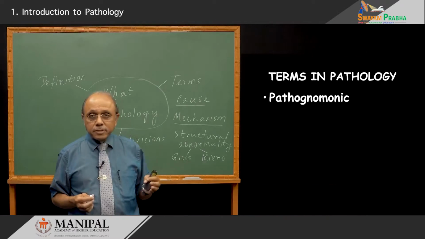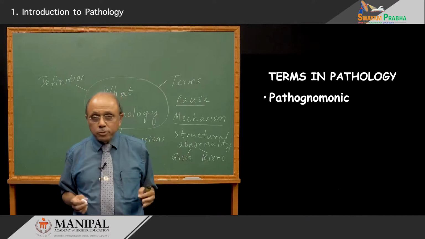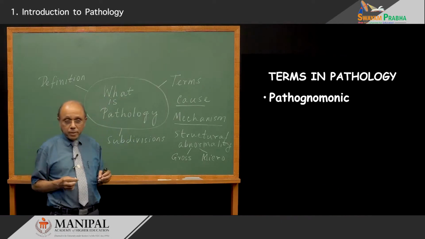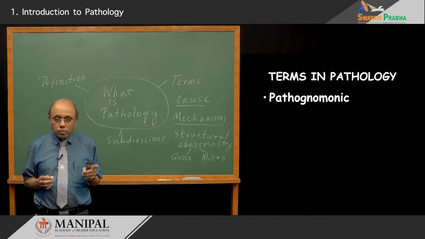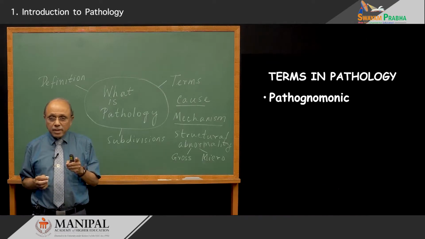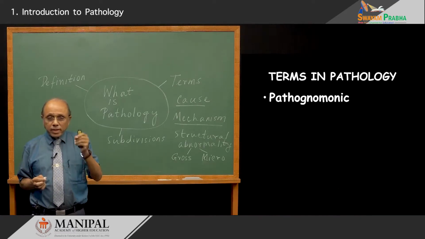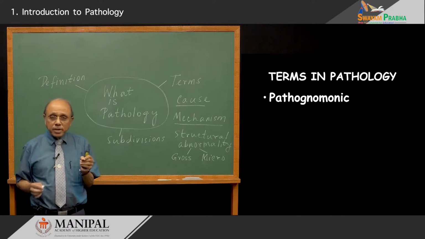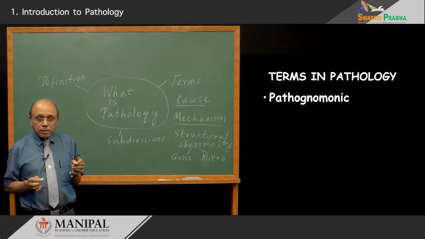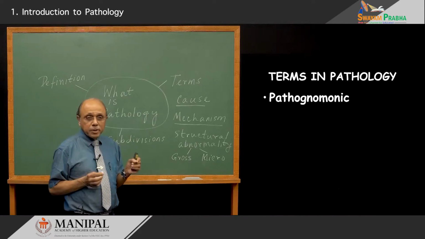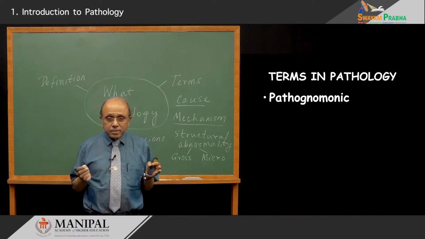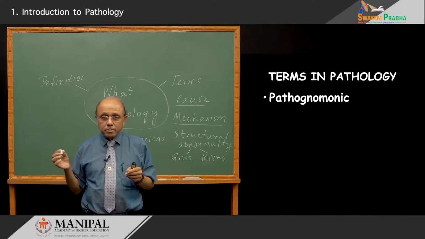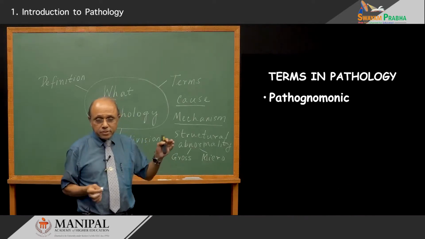The other word that is of frequent use in pathology is pathognomonic. Please note this word, pathognomonic. Pathognomonic means it is so very characteristic that it indicates the disease, it gives you the diagnosis. I say this because many diseases can be diagnosed based on that particular specific finding which is unique.